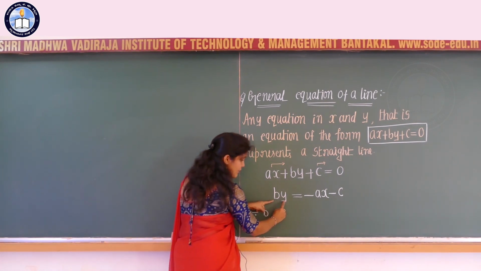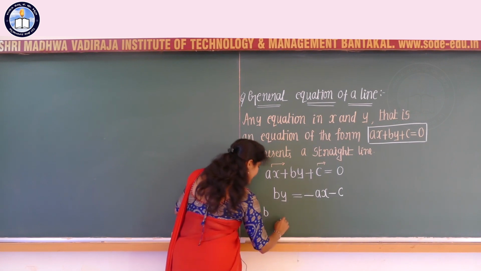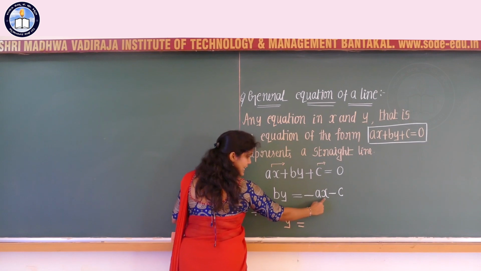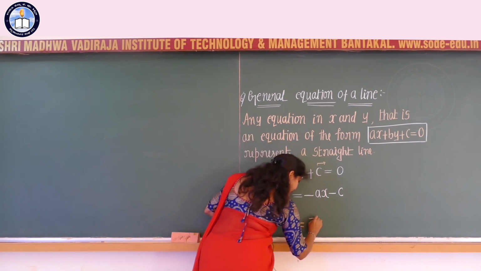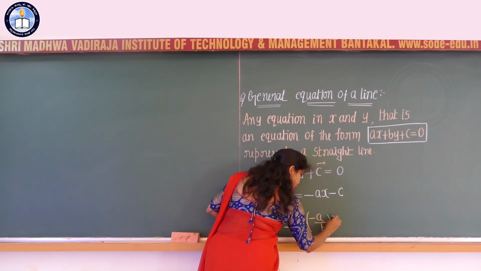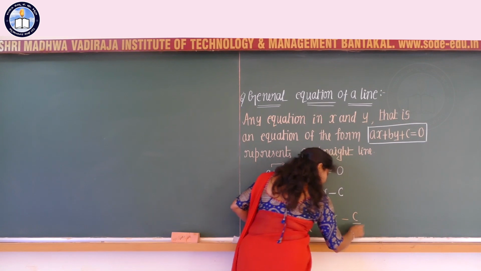What happens when divided by b? b cancels with b, and that gives y is equal to minus ax divided by b, that becomes minus of a by b into x minus c divided by b.